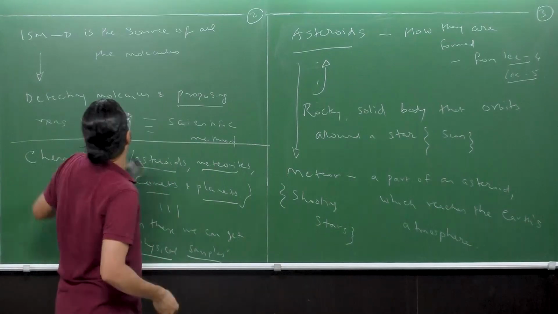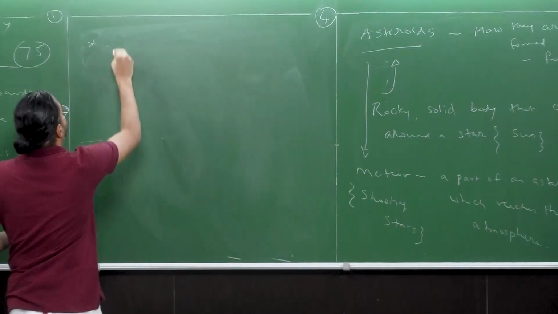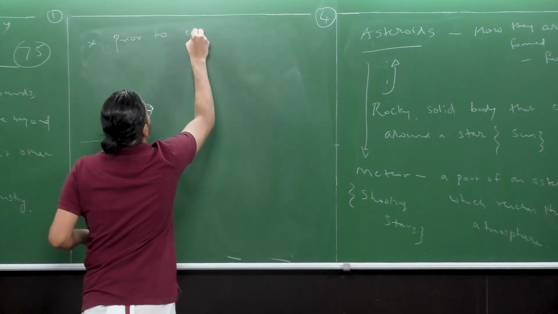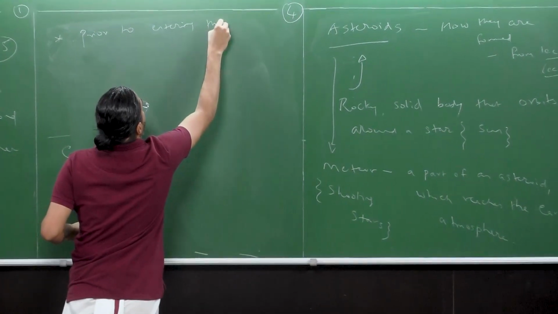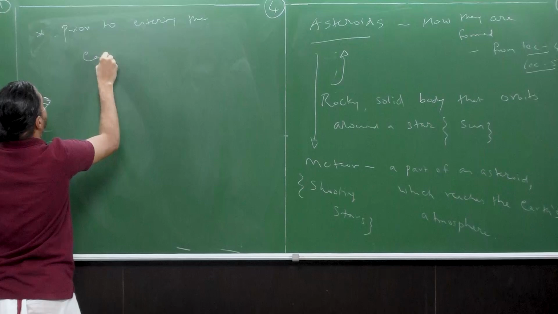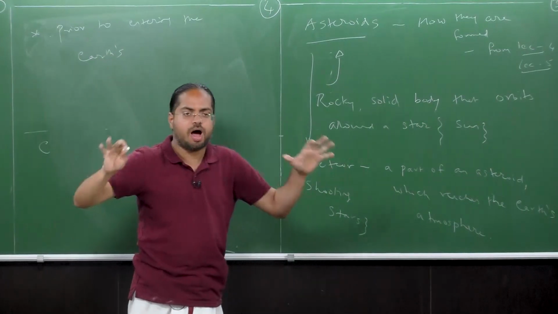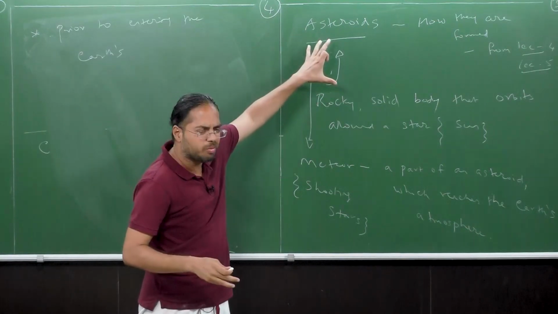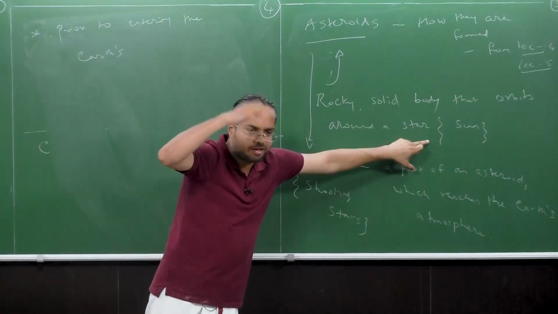The point is, before an asteroid becomes a meteor, prior to entering the Earth's atmosphere, we are now limiting ourselves to the solar system, our own galaxy, Milky Way. And we understand that we're talking about the asteroids which are orbiting the sun. That's where we start from.